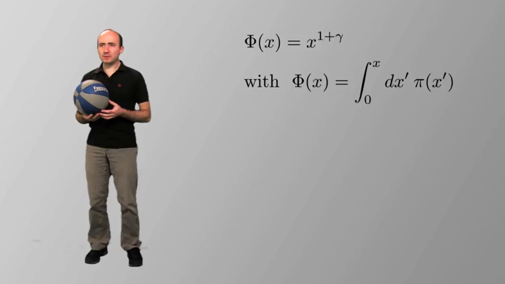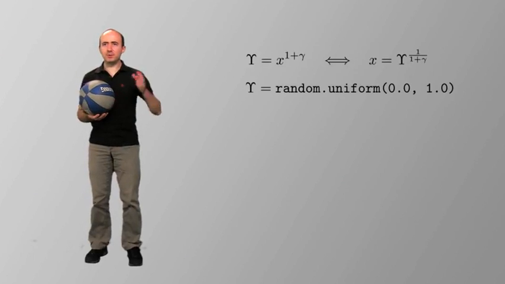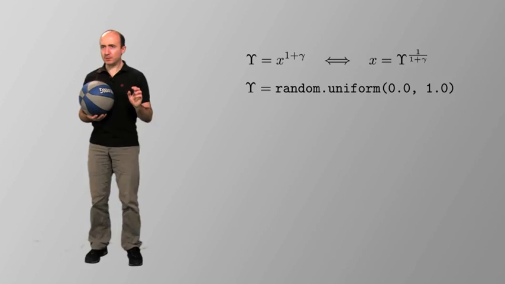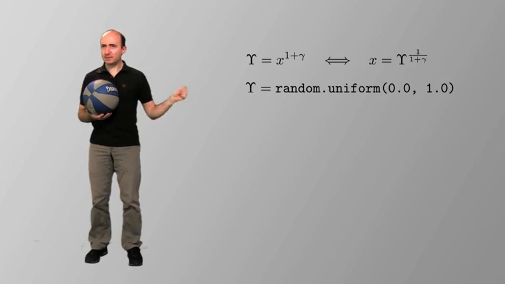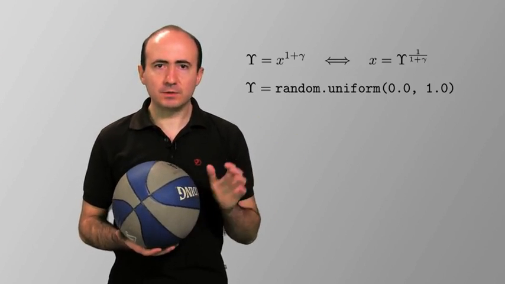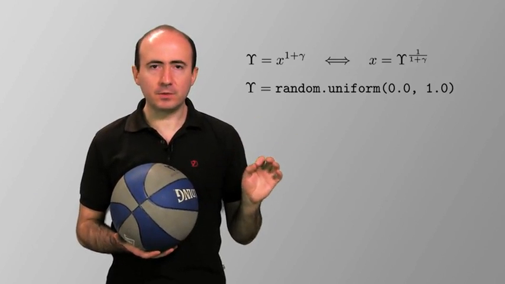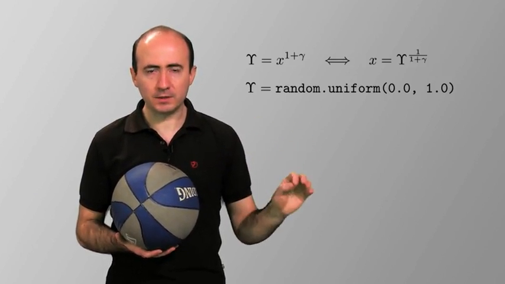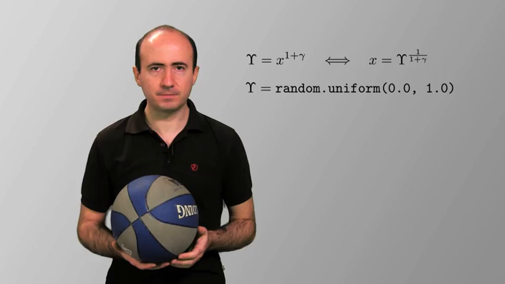The sampling of the distribution is thus given by the following relation, which is x to the power 1 plus gamma is equal to upsilon, which means that x is equal to upsilon to the power 1 over 1 plus gamma, where, as usual, upsilon is a random number between 0 and 1 with a flat distribution.